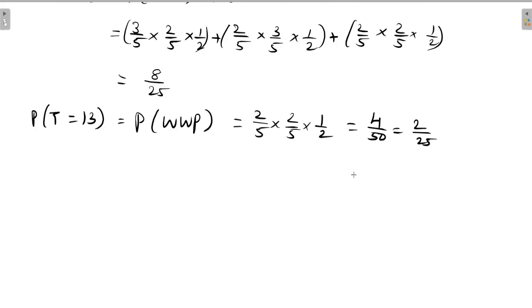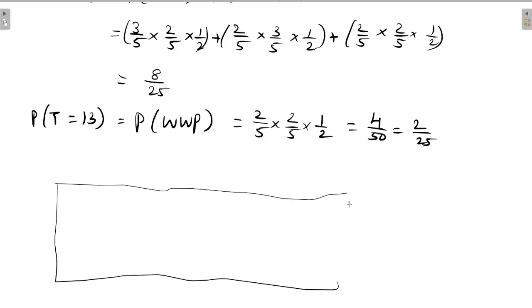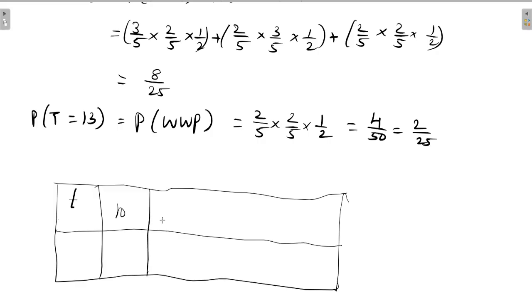Now we can fill this data in a distribution table. So consider the value total amount T is 10, 11, 12 and 13. So probability of T equal to t. Here the first option is 9 by 50, which is equal to 0.18.